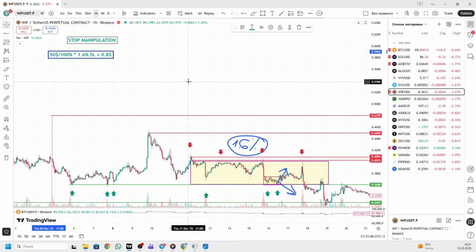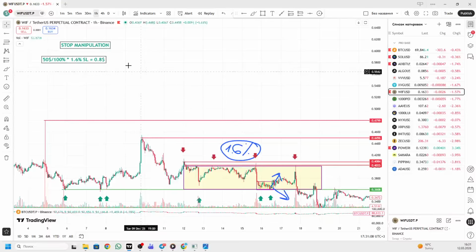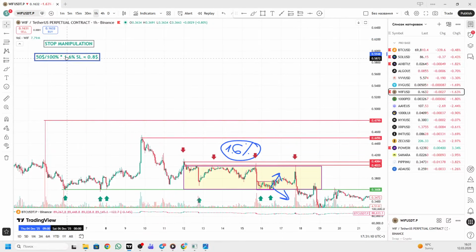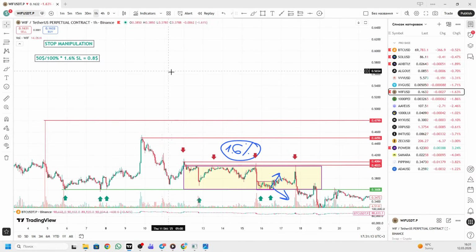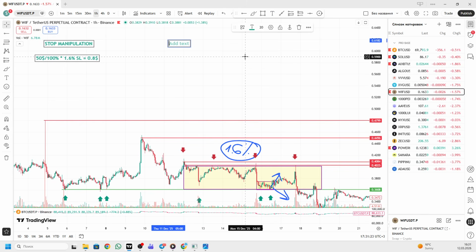Okay, so I want to write you down a table in order for you to have it. So let's do it like this. We have $100, our stop loss will be 0.8%, right?